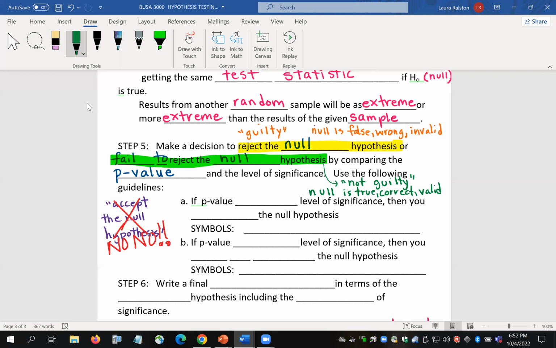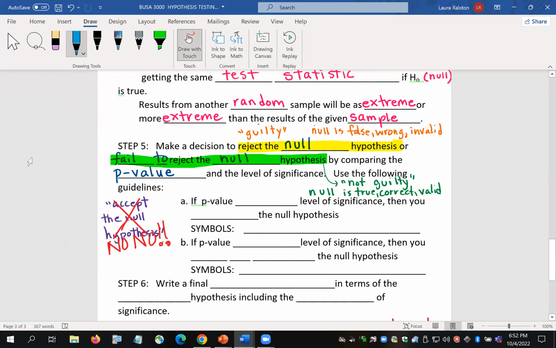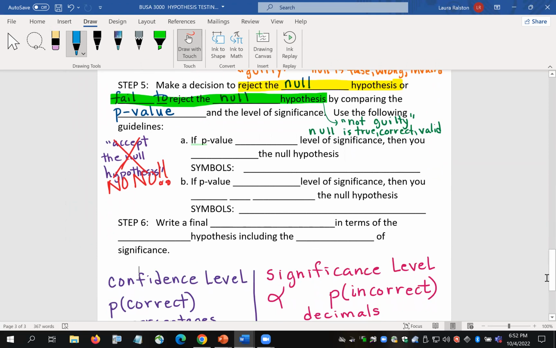And you make that decision on what you're going to do by comparing the p-value, which will be calculated for you by Minitab, and the level of significance that's going to be given to you in the problem. And here's what the rule says.